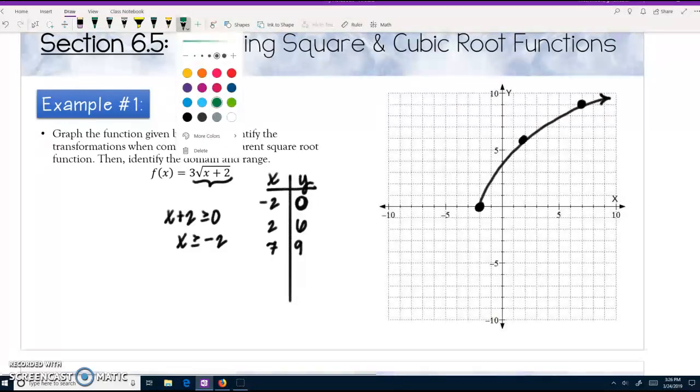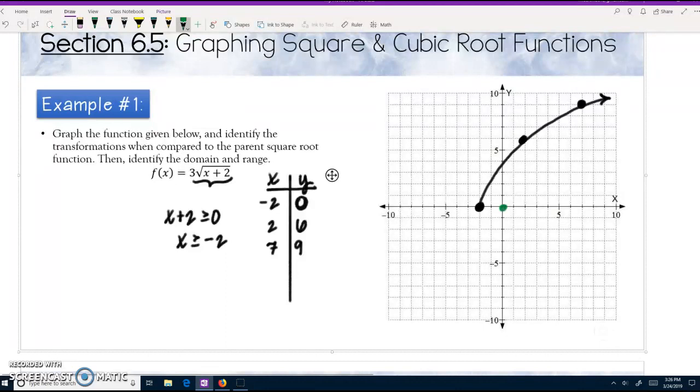Now, if you go back in your notes, the parent function for the square root graph, you can re-sketch those points out here, but you'll see that the points that we plotted before are going to give us this graph, so this shape. So there are a couple of things that changed from the parent function graph to the graph that we have here.